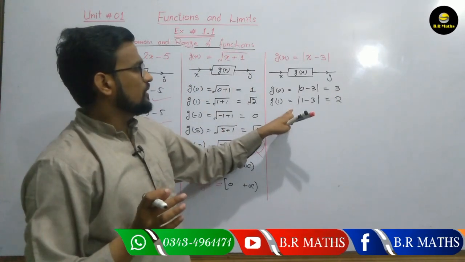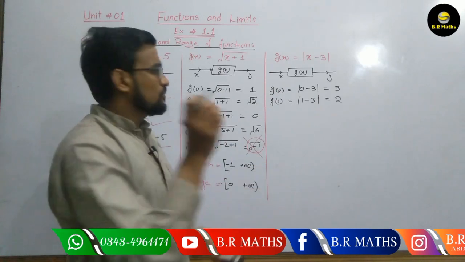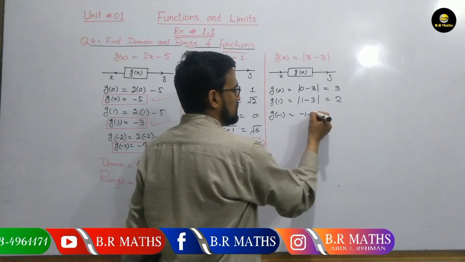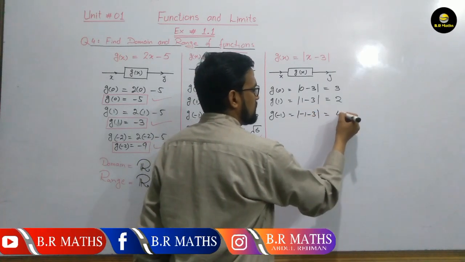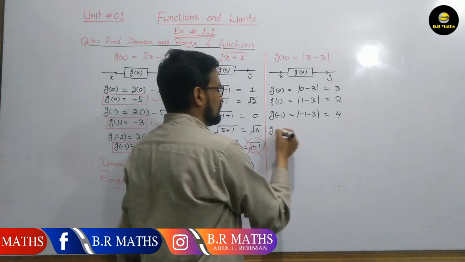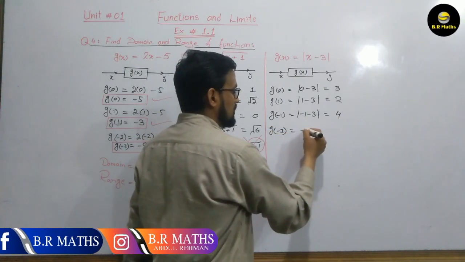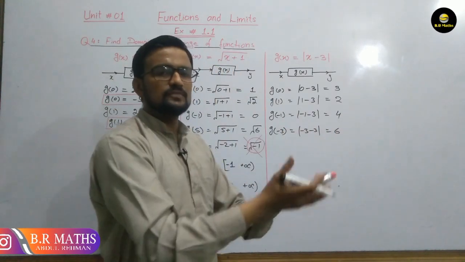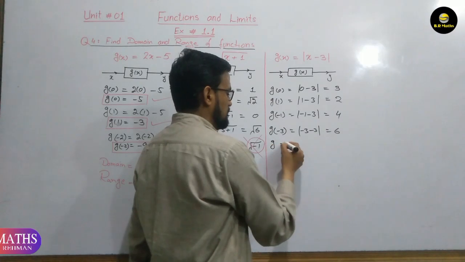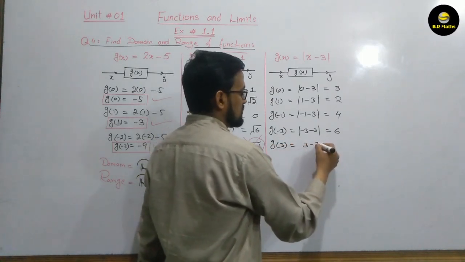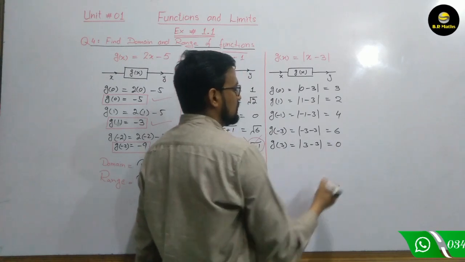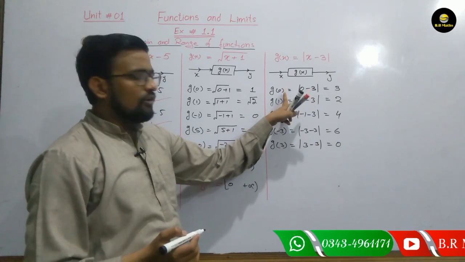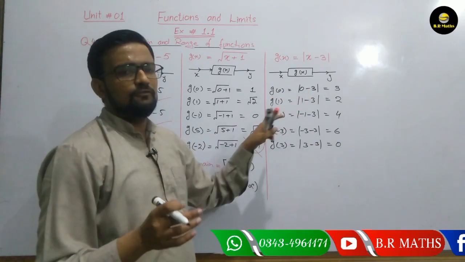So you can put all values of x in this function: minus 1 minus 3 is minus 4, which becomes plus 4; minus 3 minus 3 is minus 6, but due to absolute value it becomes plus 6; and 3 minus 3 is 0. So students, you can see you can put all values of x.